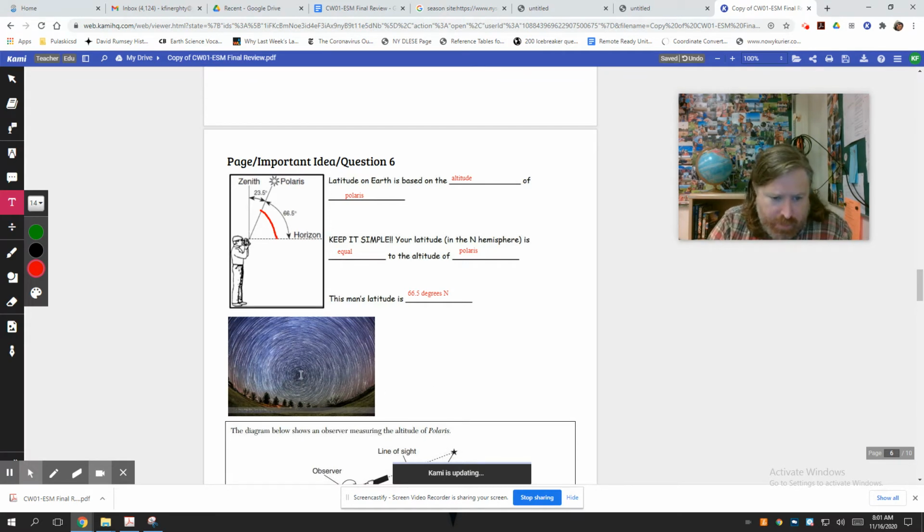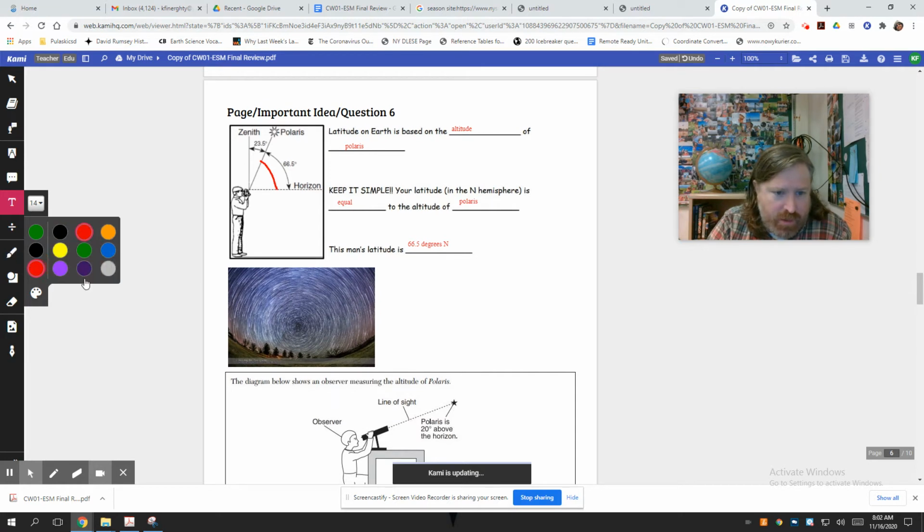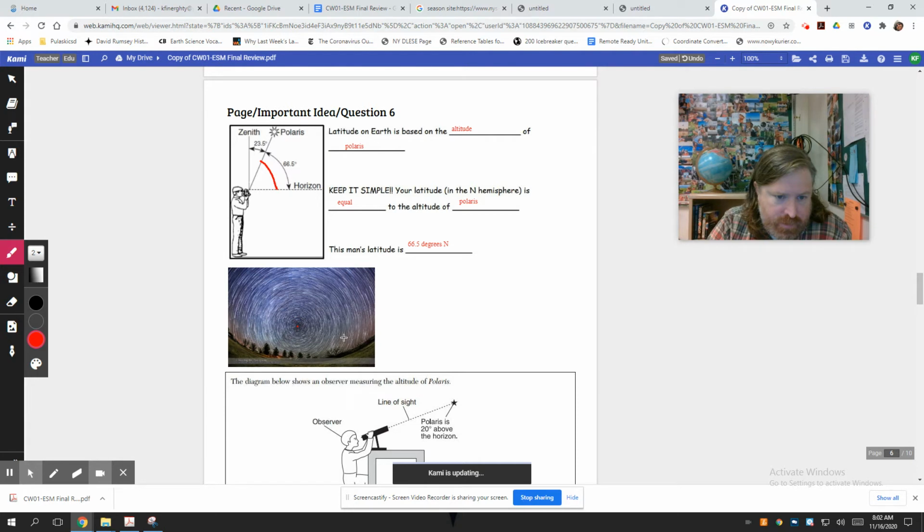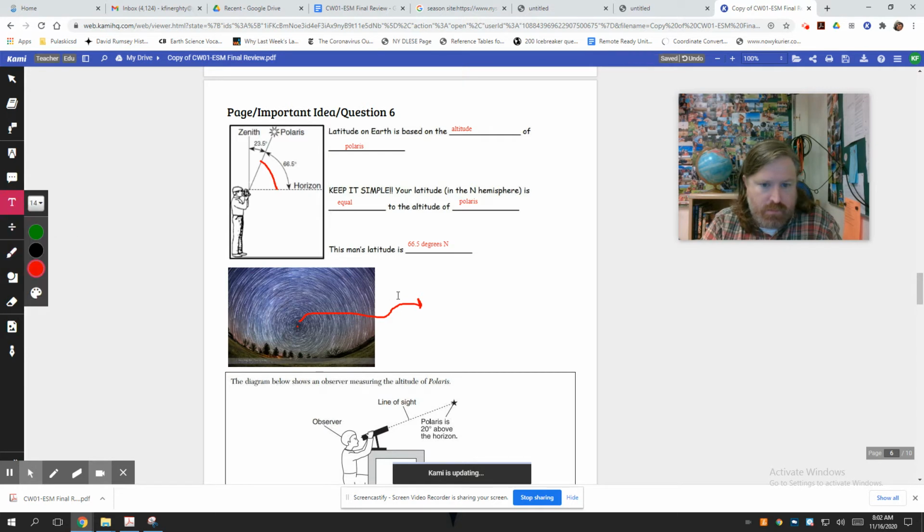If you were to do this as a time lapse photo, if you were to leave the shutter of a camera open for a while, Polaris is right in the middle. And all the other stars then spin around it, and again appear to spin because it's really the Earth moving.